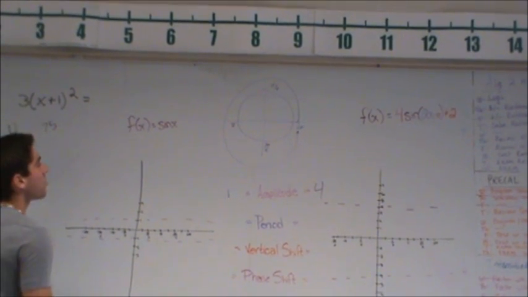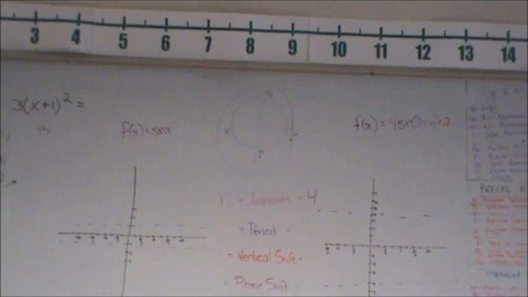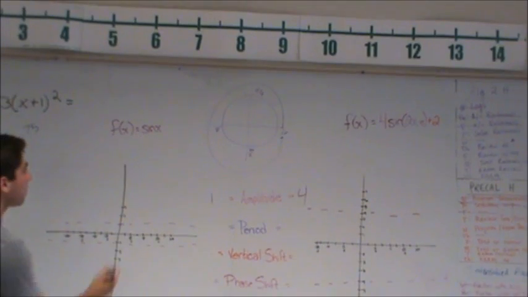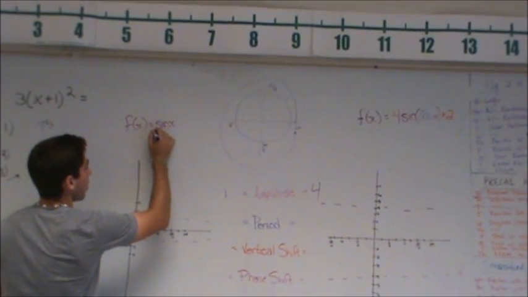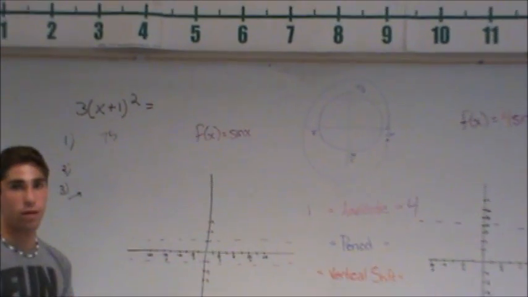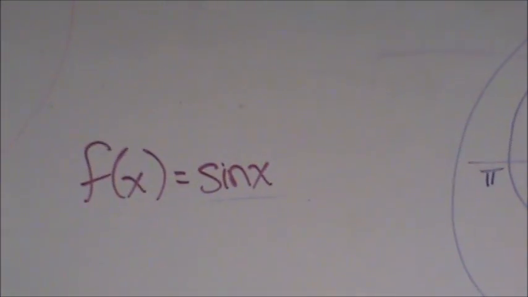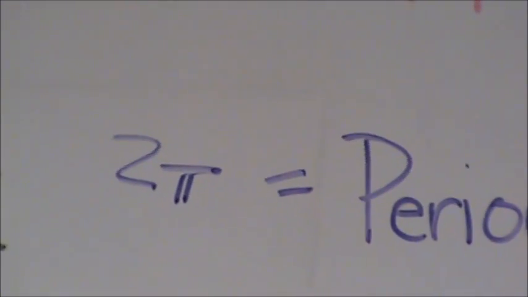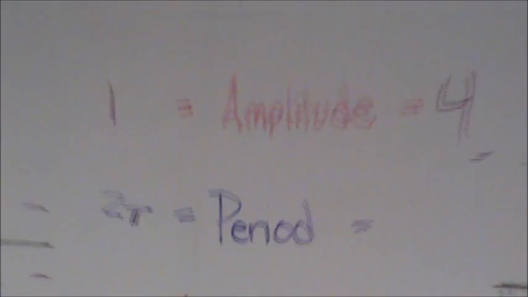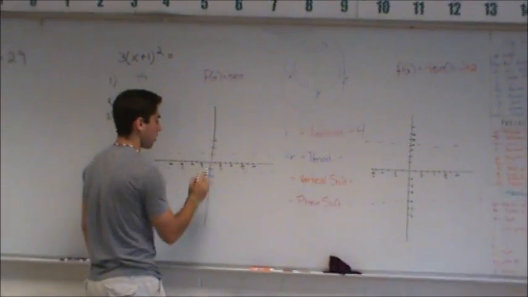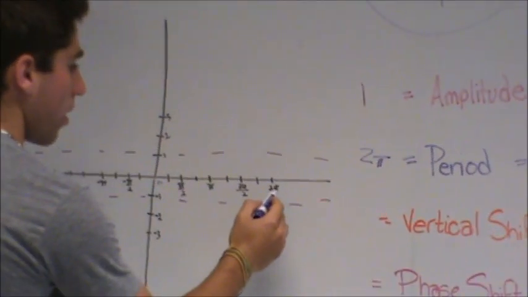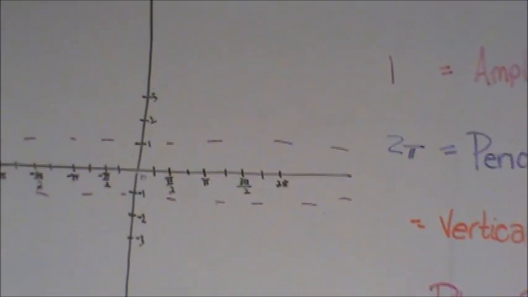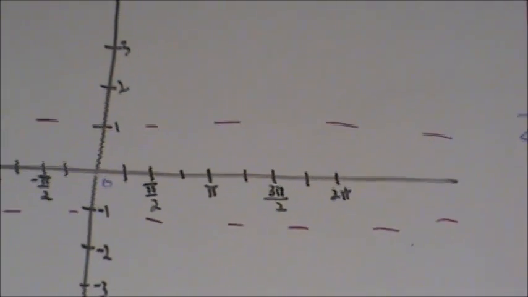So what happens is, with the period, because this is just regular old sine of x, the period is going to be equal to 2 pi, which is because of this. Which means that the sine function is going to start at 0, which is here, and go all the way to 2 pi with one period, one rotation around the circle.